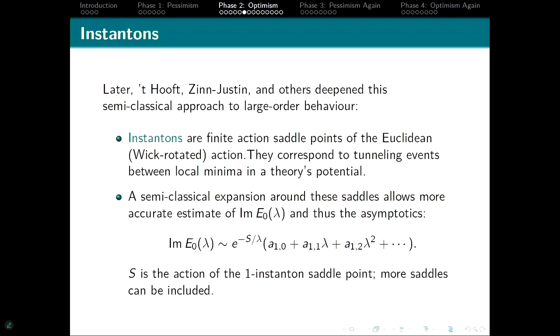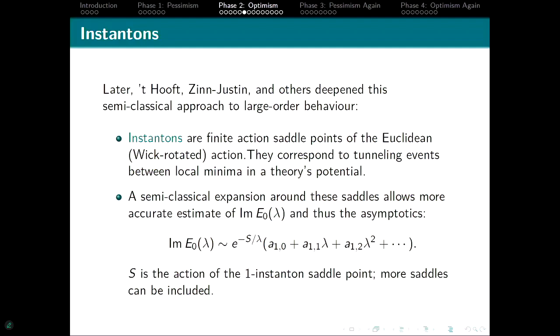I'm not going to talk about this in detail, but basically instantons are saddle points in your action, which can be taken to correspond to tunneling events between local minima. So you'll expect to get instantons, these saddle points in the Euclidean action specifically, when you have an unstable potential, or a potential like a double well potential, say. So you have two minima, and you expect to have tunneling between those two minima.